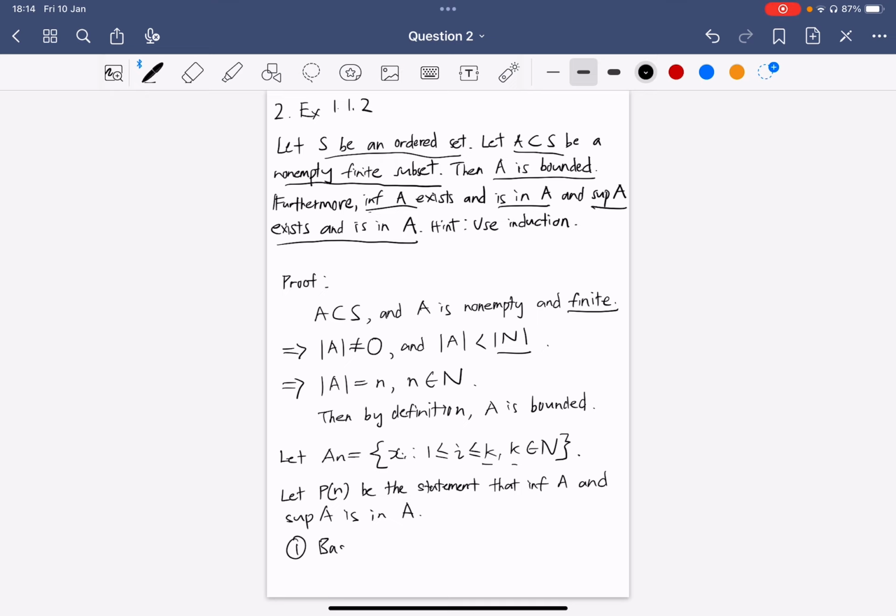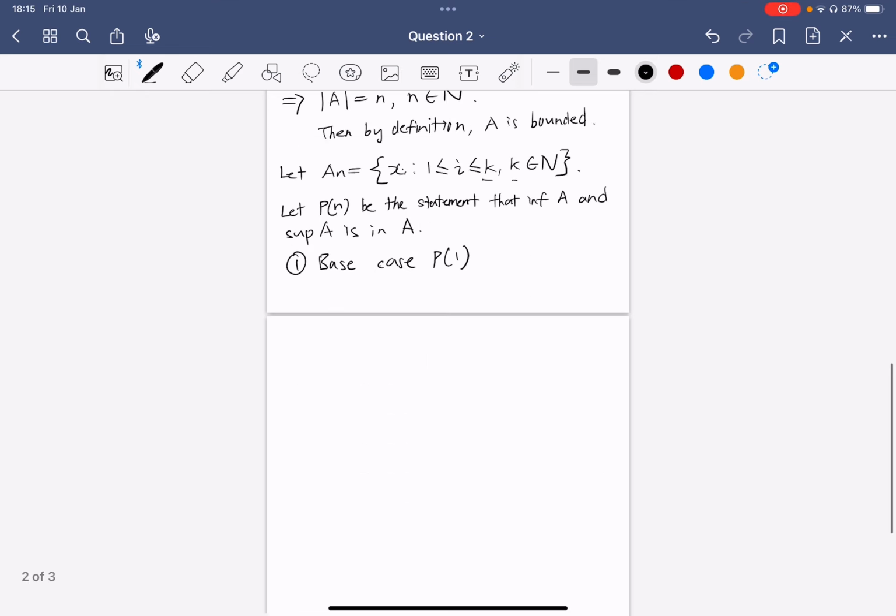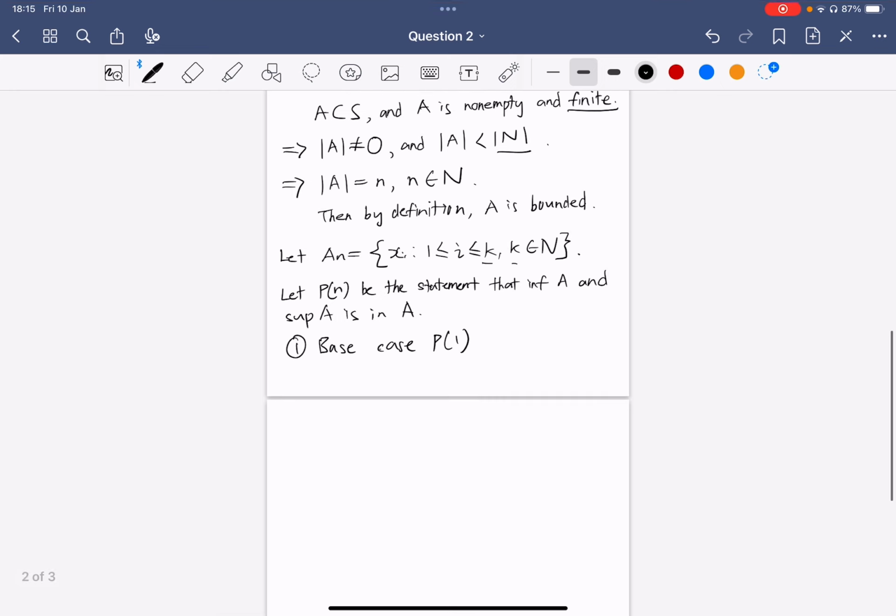Now you just have to prove it for the base case. Oops, let me just change this to n.